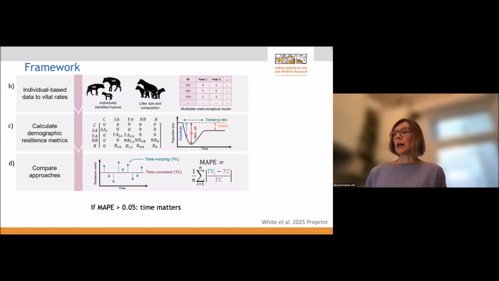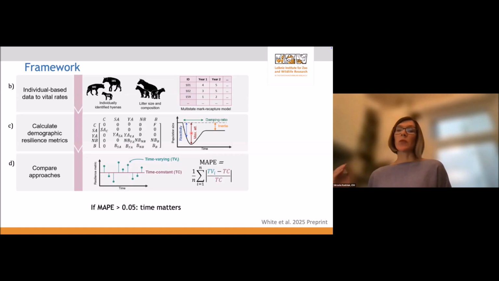And so this metric ranges from 0 to 1, with 0 meaning that our time-variant estimates here would all lie on the violet line. So it would mean that the time constant approach is a sufficiently good approximation for reflecting the dynamics of the population.